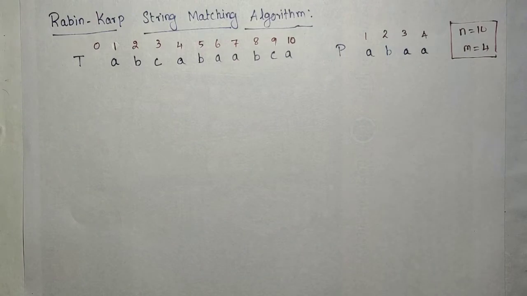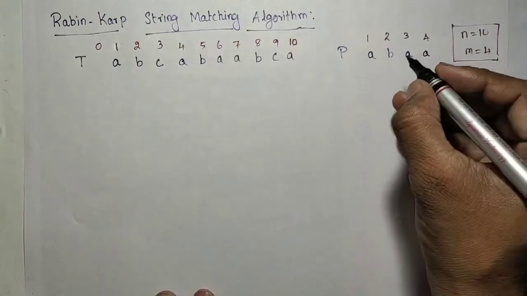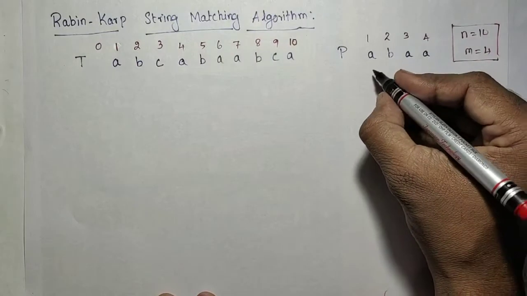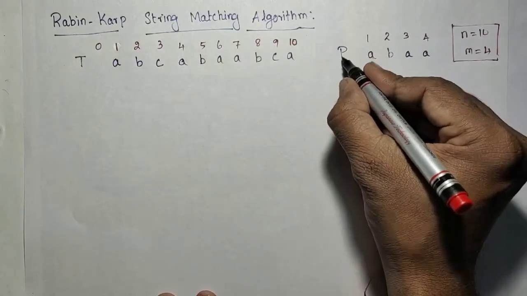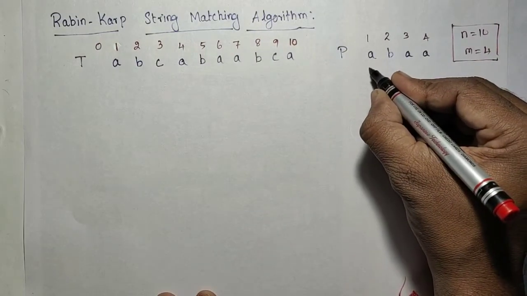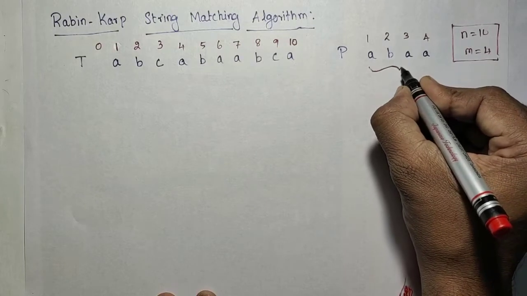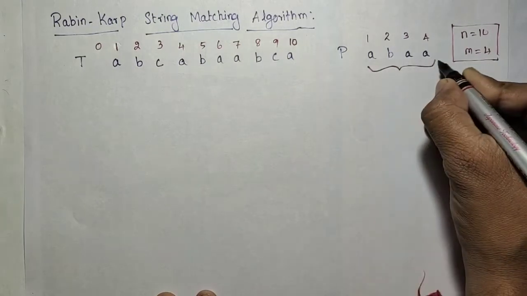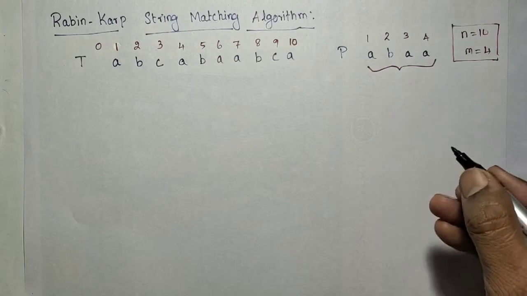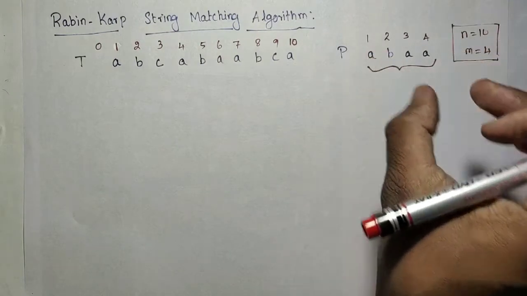For checking that possibility, the method used is this: first the pattern, the m characters, is converted into a number. It is mapped to a number. So for every four-character, that is m-length string, there is an equivalent number.